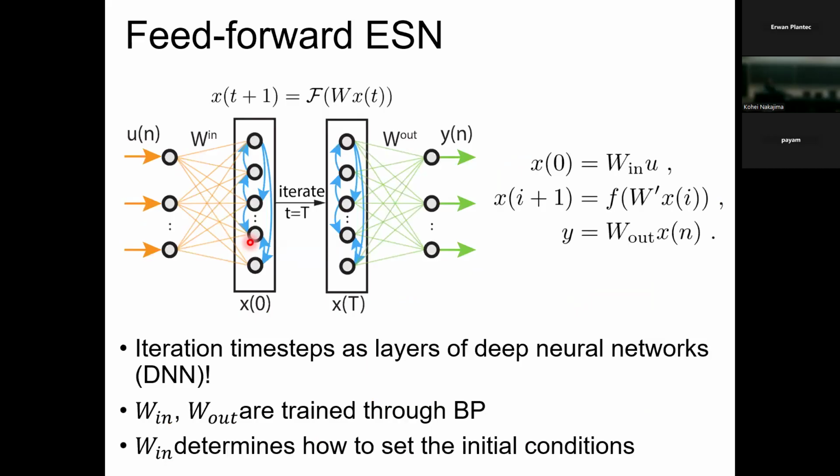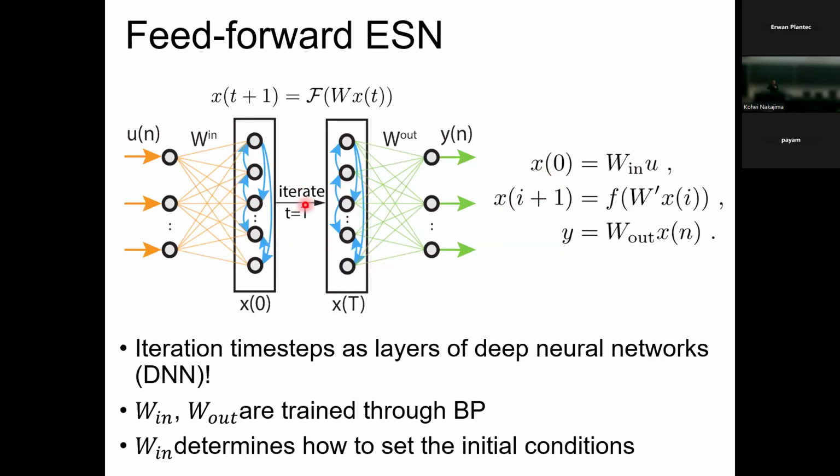So we made this kind of model called a feed-forward echo-state network. So we have input, and we have this internal dynamics. It's just an echo-state network. And we just tune this W in and W out by using back propagation. And you just inject this input as an initial condition of this echo-state network.